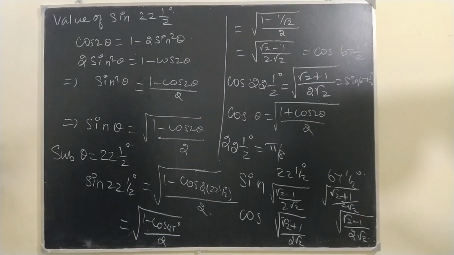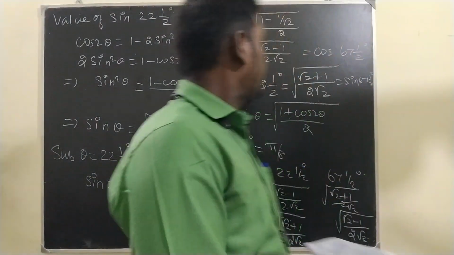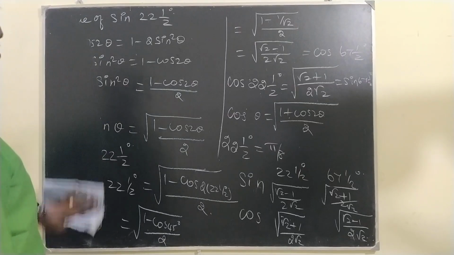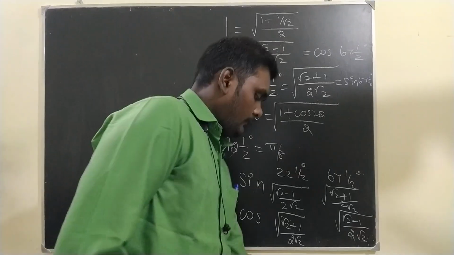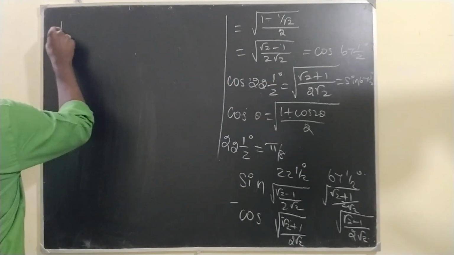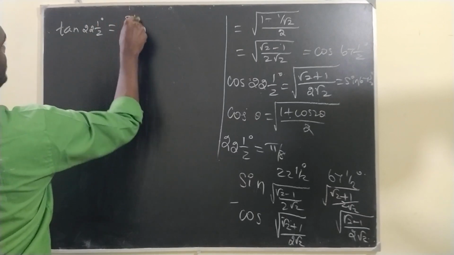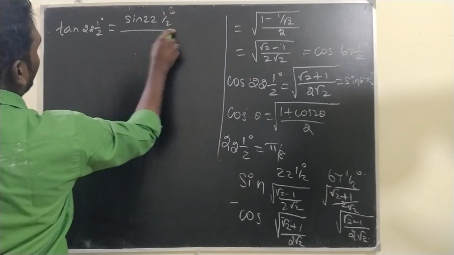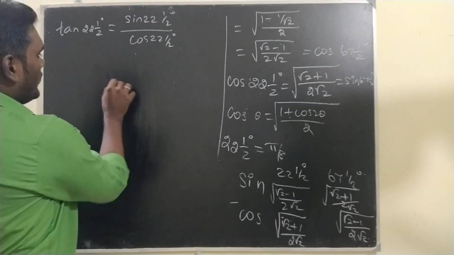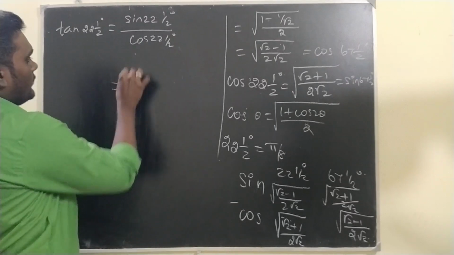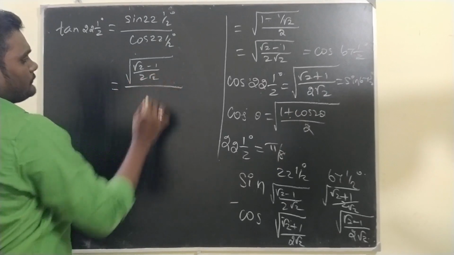Now the value of tan and cot, same 22 and a half, 67 and a half. Tan 22 and a half is nothing but sin 22 and a half degree divided by cos 22 and a half degree. What is sin 22 and a half? It is square root of root 2 minus 1 by 2 root 2.